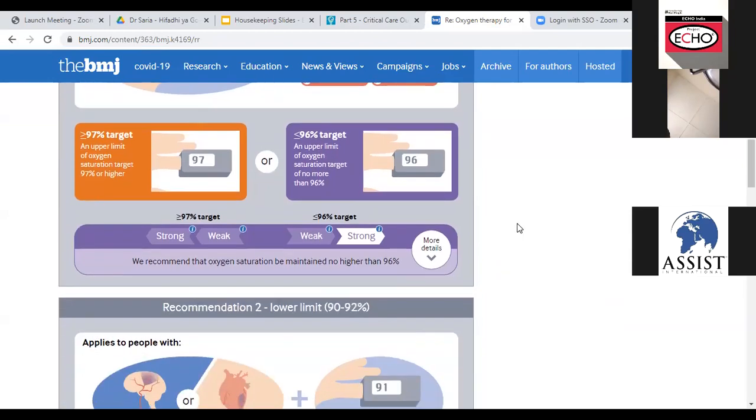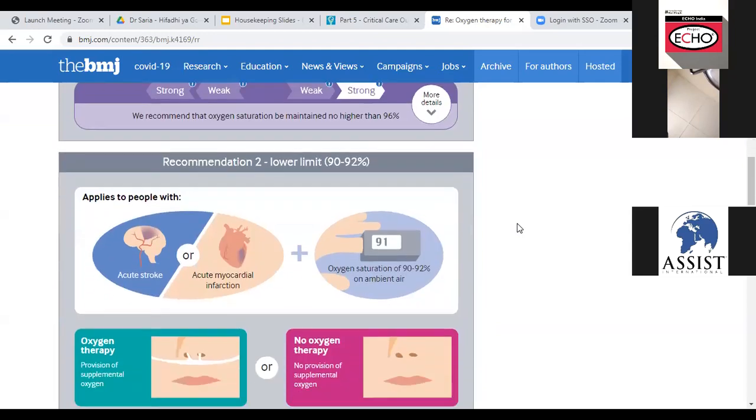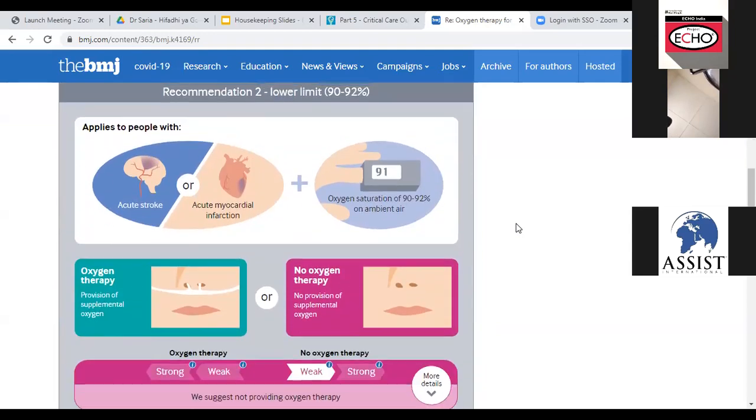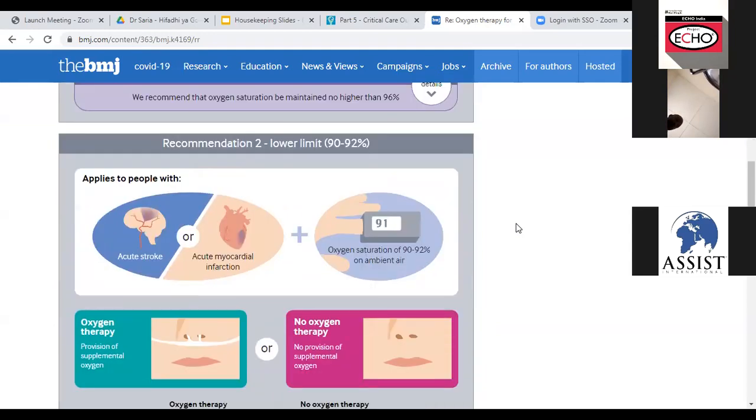Okay. Another recommendation for lower limit is for those patients with acute stroke, acute myocardial infarction. It is recommended to this patient that the oxygen saturation, the lower limit should be between 90 to 92. Okay, of course, studies have shown that there's no difference in the outcome, even if you give them more oxygen to this patient.